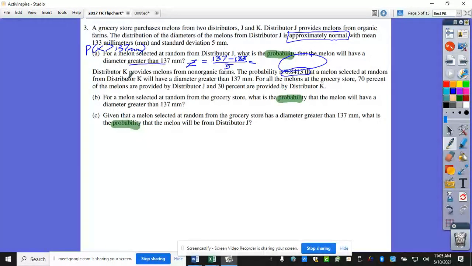And it tells me 70% come from distributor J and 30% come from distributor K. Just based off of what I said, what would you draw? I know what the probability is if it's from distributor J. I know what the probability is if it's from distributor K. I know that 70% come from J and 30% come from K. How can I visually show that?